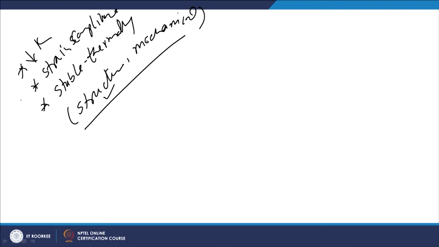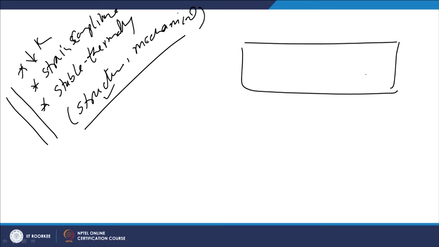So, these are the three properties required in a thermal barrier coating material: one is strain compliance, two is the lower thermal conductivity, and three is thermal stability, so that it does not get lost in the form of oxidation or suffer a significant drop in mechanical properties like hardness and wear resistance. If these three characteristics are there, then it will be able to perform its function effectively.